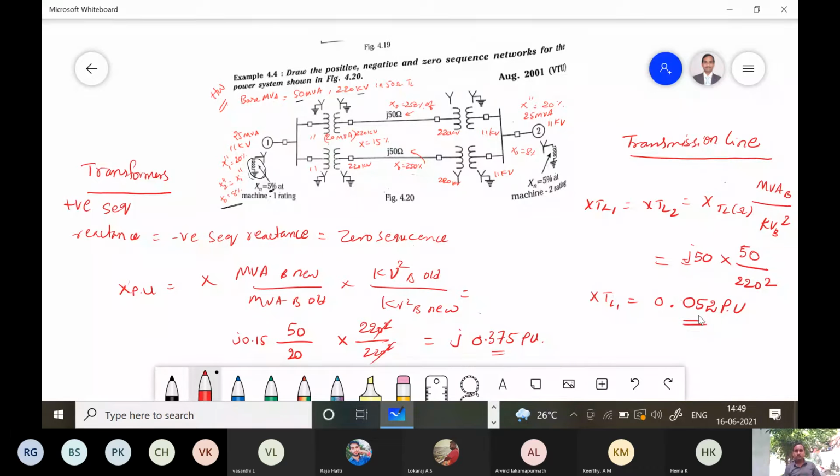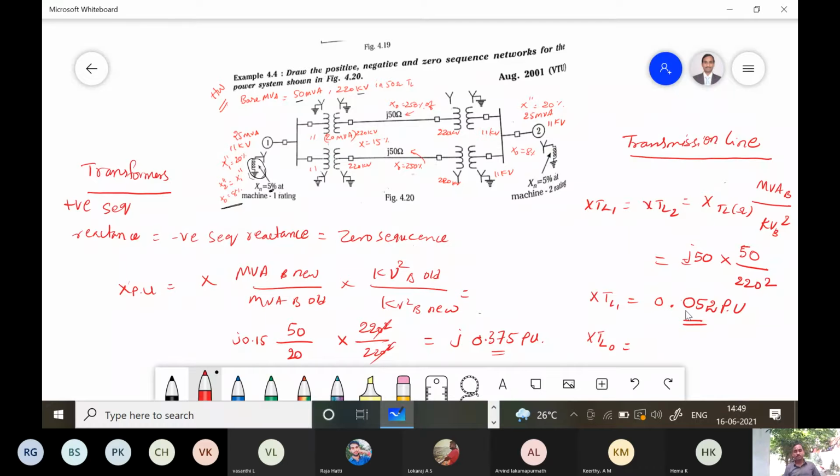So here positive sequence and negative sequence are both equal, and we need to calculate zero sequence, that is XTL naught. That is given as 250% of XTL1, that is XTL1 per unit.